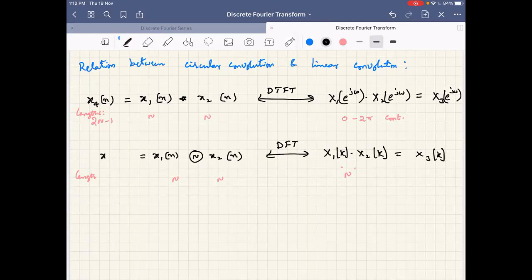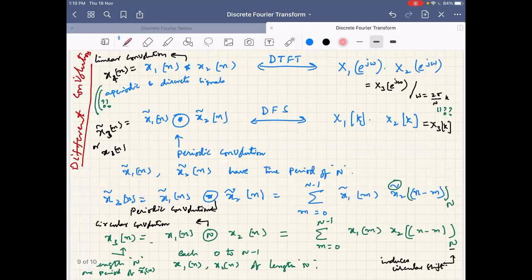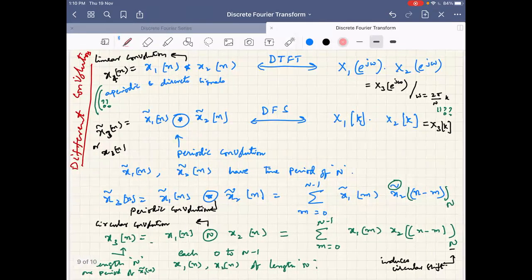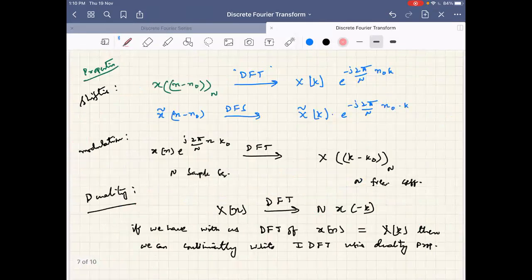Here is equal to x3 of n. Now, if I define it as an N-point circular convolution, you will be shifting circularly N minus 1 times and then performing this convolution operation. We will see an example of doing this, but you can easily note it from this operation.